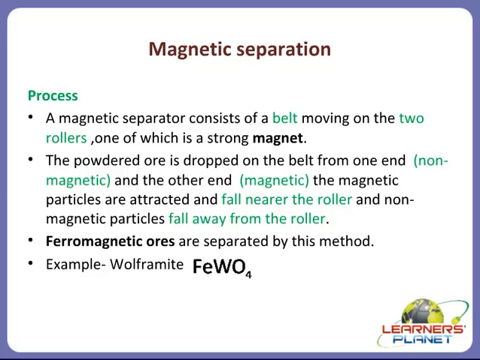So this magnetic separator has got two ends. One is non-magnetic and the other is magnetic. At the magnetic end, the magnetic particles are attracted and fall nearer the roller, and non-magnetic particles fall away from the roller.